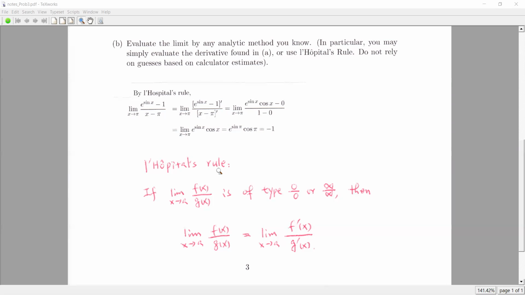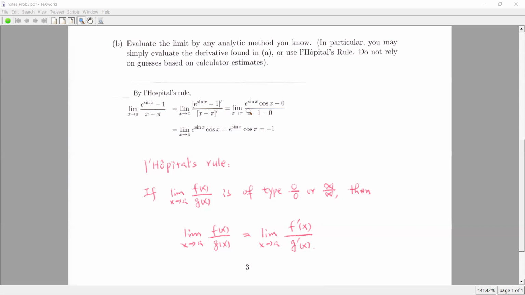By L'Hopital's rule, this limit is equal to this limit. Take derivative on the top over derivative on the bottom. This function e to the psi of x has derivative this by the chain rule. 1 has derivative 0. X minus pi has derivative 1 minus 0.